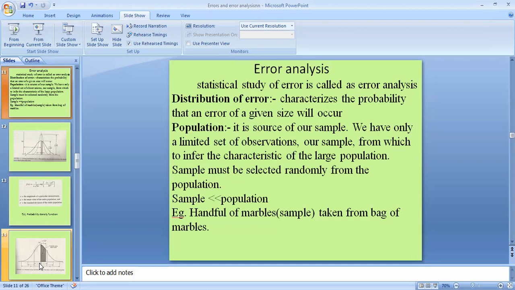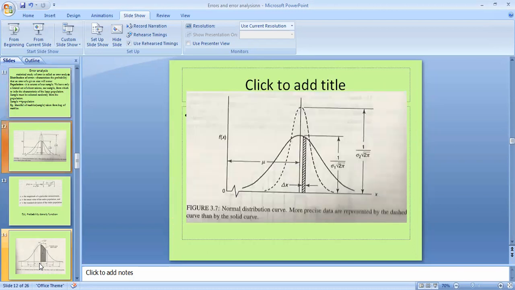Those marbles taken are the sample, and the bag represents the population. So statistics is involved again. Here we can see two types of domes, probability density distribution domes, the normal distribution curve.